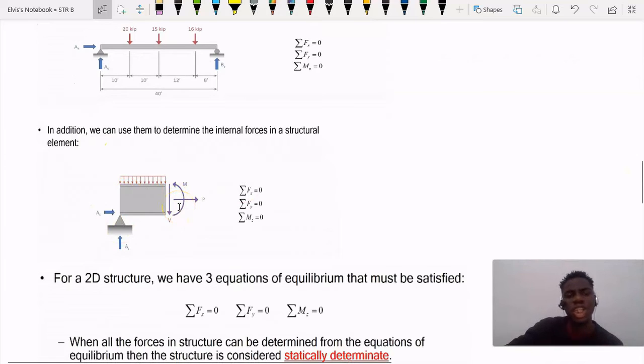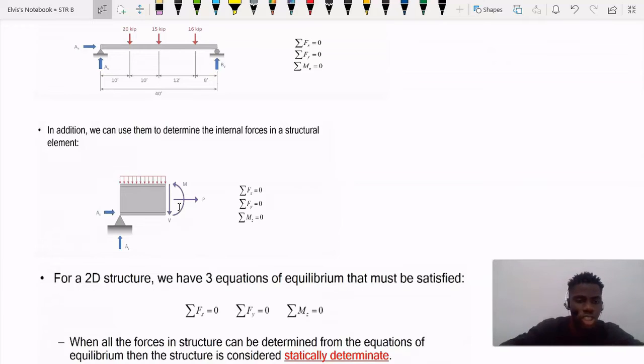Now guys, in addition, we can use them to determine internal forces in structural elements. If, for example, I slice a beam into 2 equal parts, we are going to have internal forces that keep this beam static.